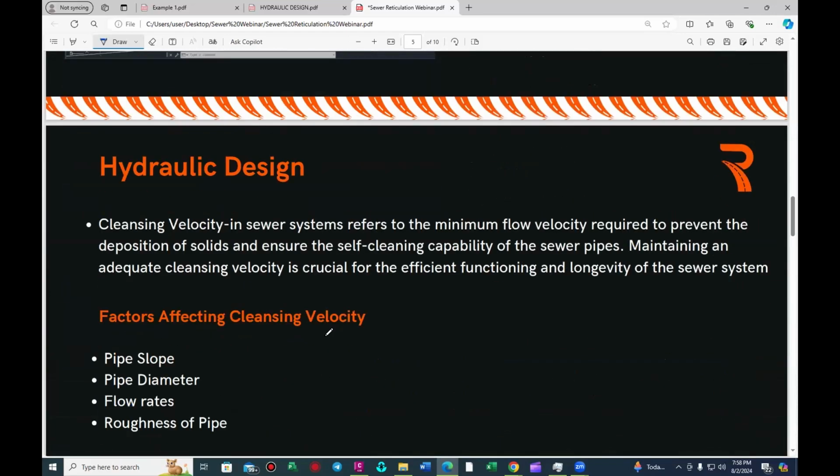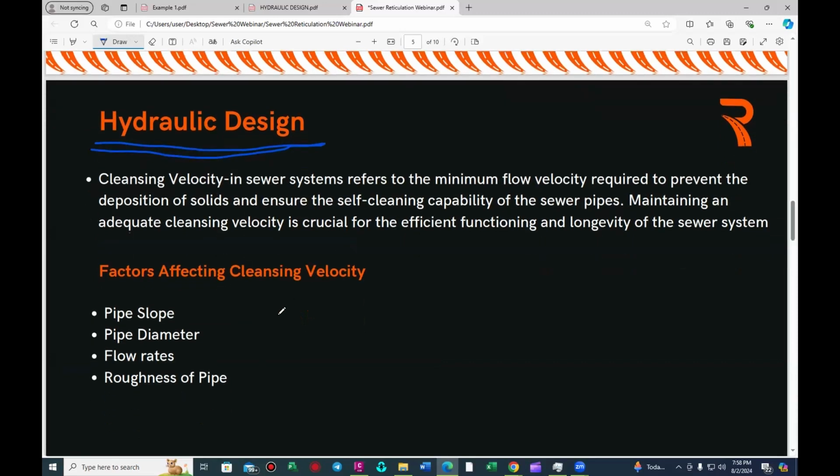Take note of that. Now, we're also going to talk about the hydraulic design, you guys. This is very important. If you also watch the video, we mentioned how much to expect when designing a sewer system, because we need to come up with a figure. How much sewer is going to be generated by this place that I want to design?